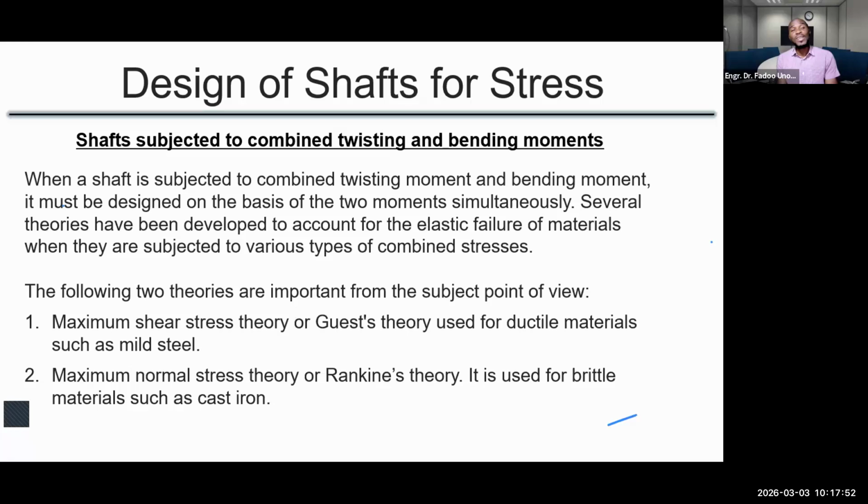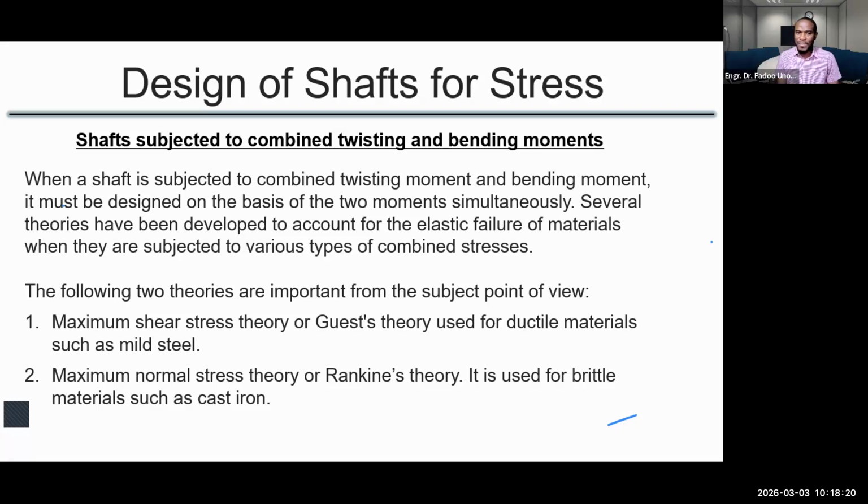All right. So we said that most shafts that you find in operation are closer to a case where you have both twisting moments, so they are transmitting power, they are spinning, and at the same time, because of the things mounted on them, they are subjected to bending moments also.